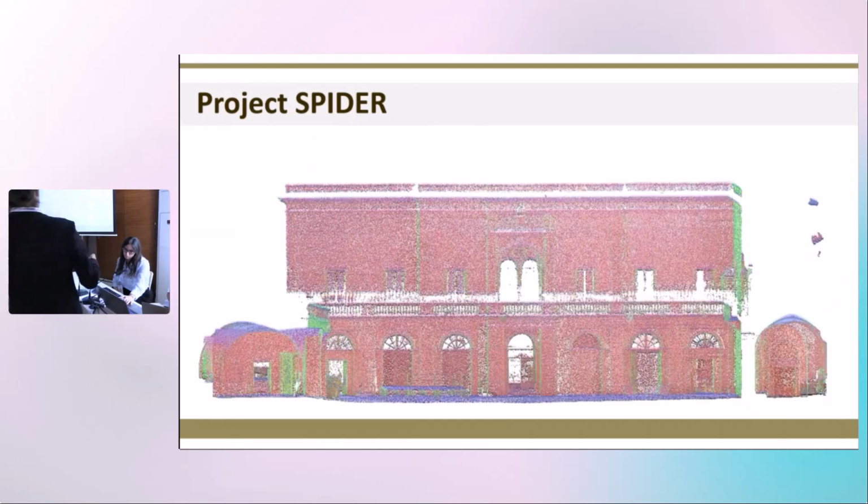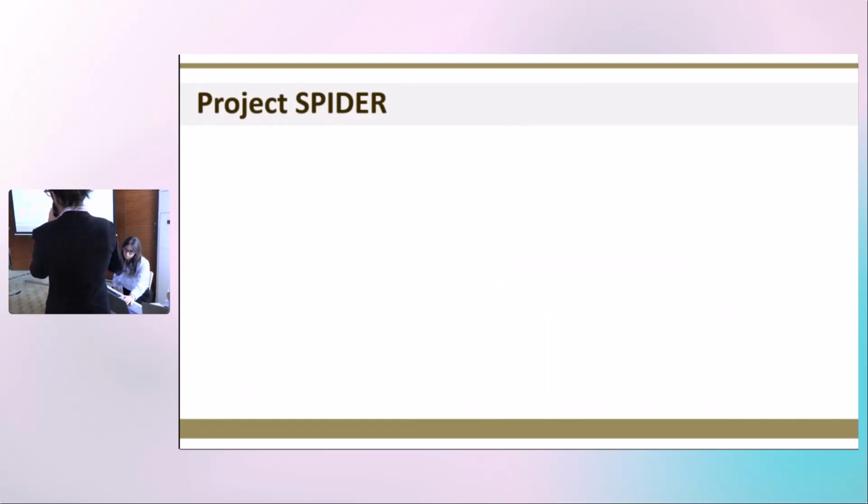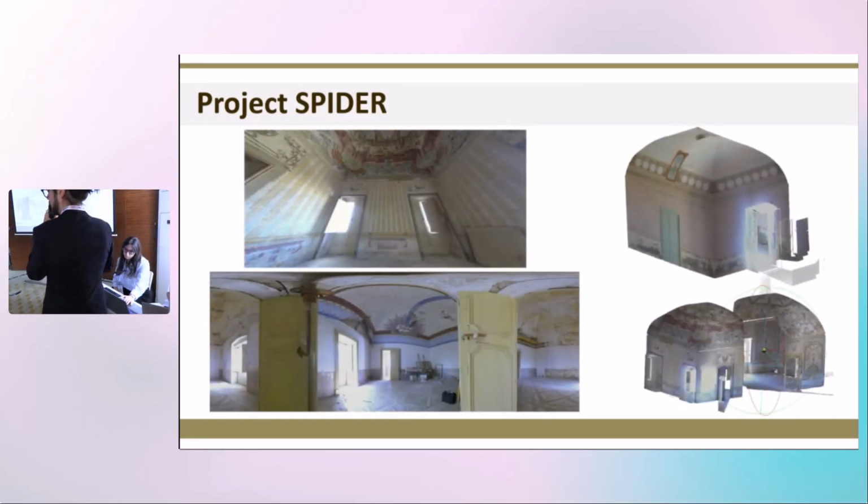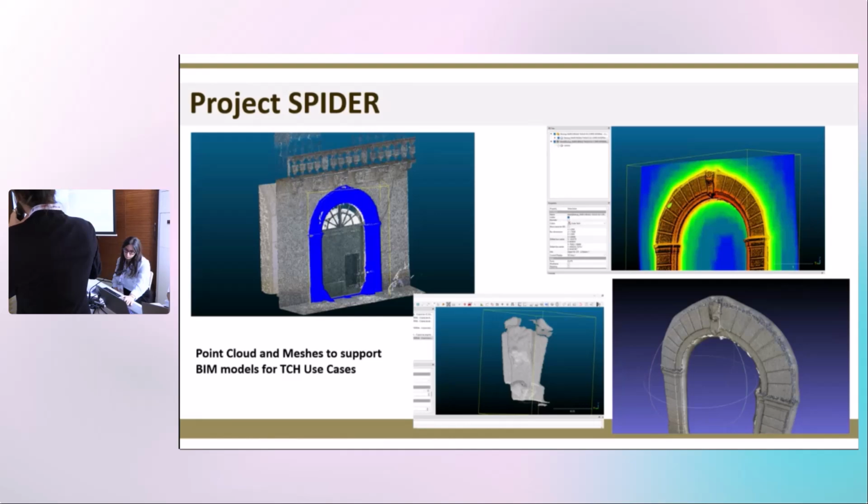So we tried to examine the point cloud, the one from the terrestrial scanner and from the drone. We collected a huge amount of data, like the photos from the BLK, from the laser scanner.